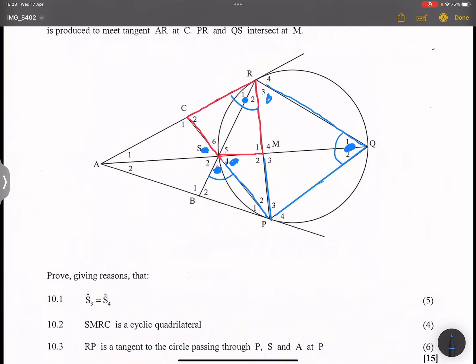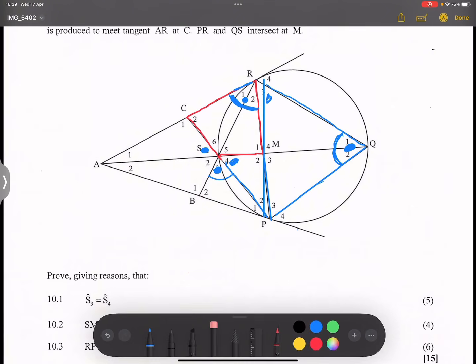Now, two ways in which you can do it: either by using the tan chord theorem, so R1 and R2 would be equal to Q1 and Q2 using the tan chord theorem. There's the tangent, there is your chord, the angle opposite that chord, so that angle is equal to x.